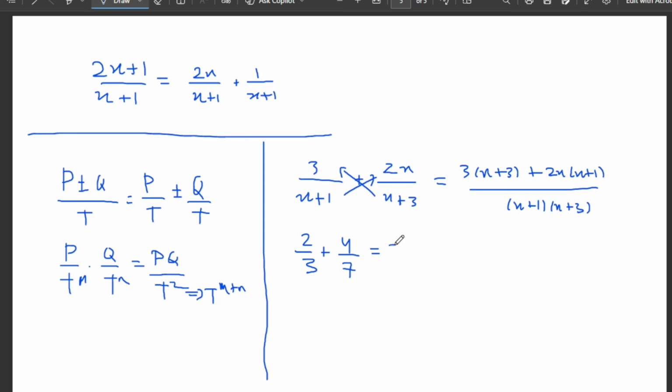The same technique: 7 times 2, add 3 times 4, over what? 21. So it would be 14 plus 12 over 21. This would be 26 over 21.